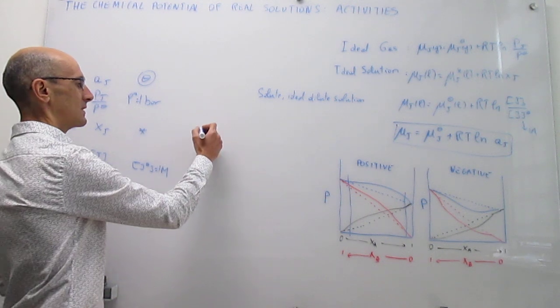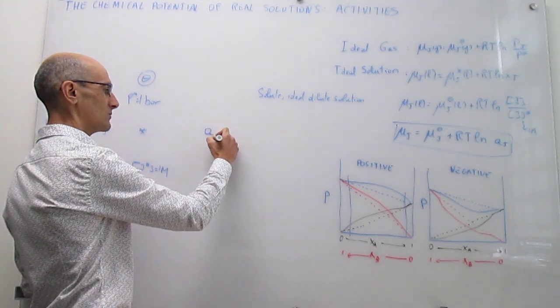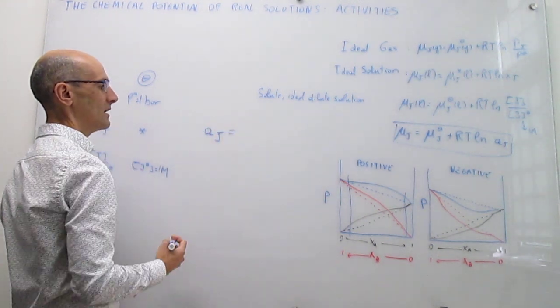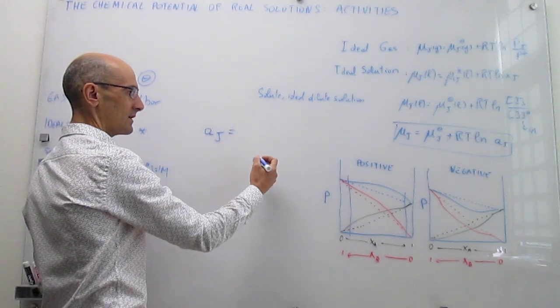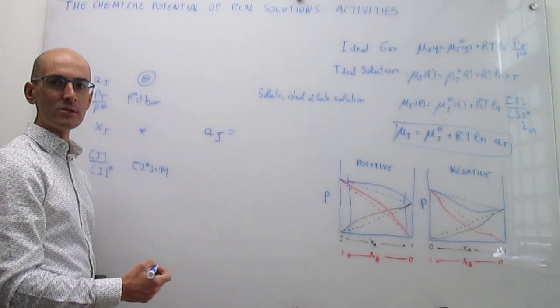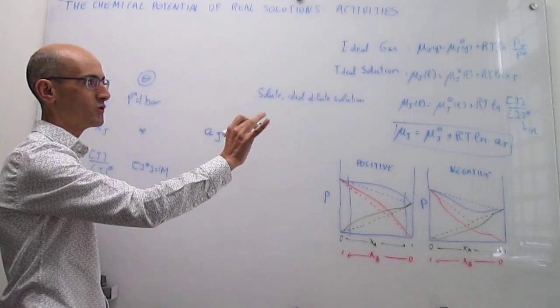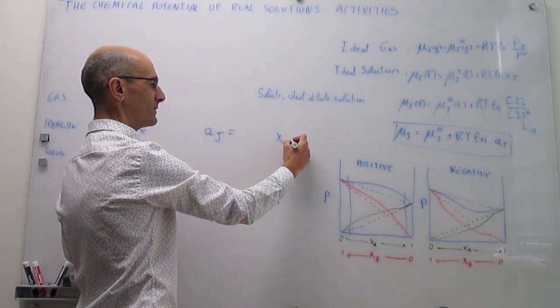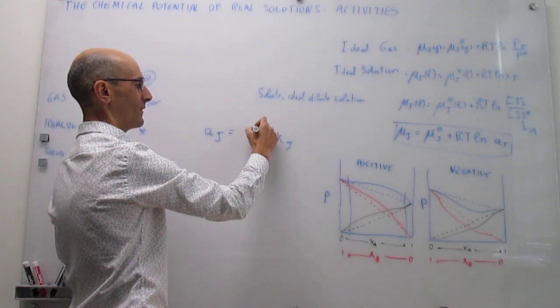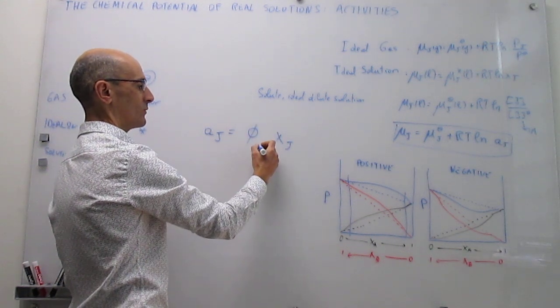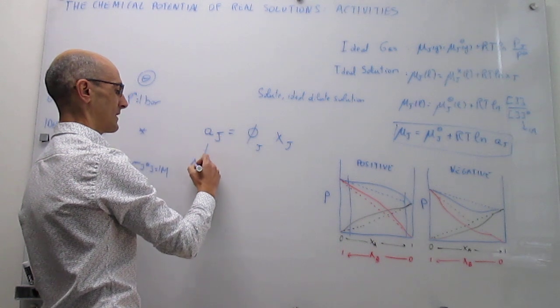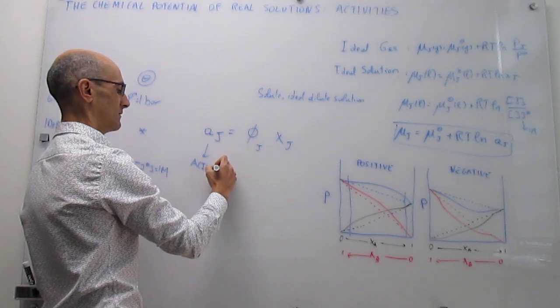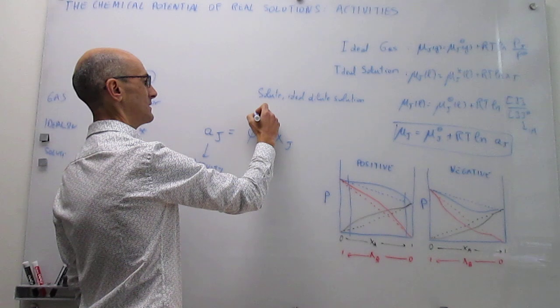We simply are going to say that in those cases, for real solutions, the activity of a component J is simply going to be related to the measure of concentration that you're interested in, which I'm going to choose arbitrarily to be the mole fraction, but multiplied by something that is going to be called an activity coefficient. Okay, so this is the activity, and this is called the activity coefficient.